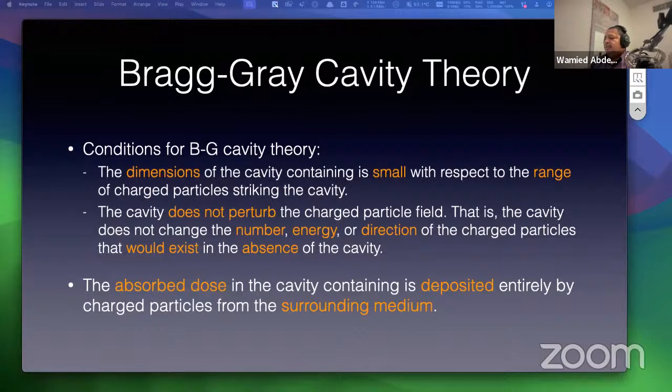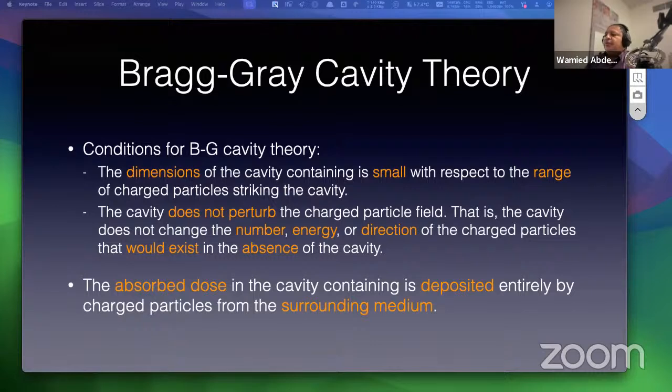Based on this, the absorbed dose in the cavity is deposited by charged particles coming from outside the cavity. No charged particle is created inside the cavity, except, of course, secondary electrons.